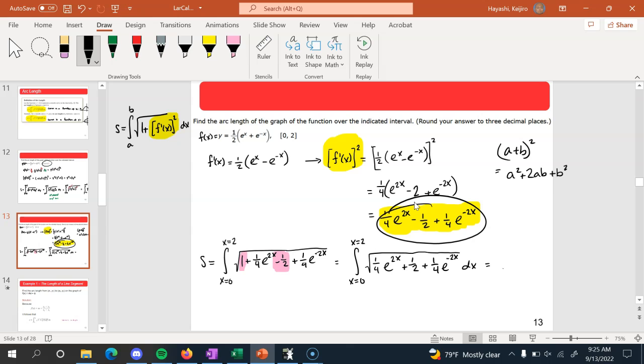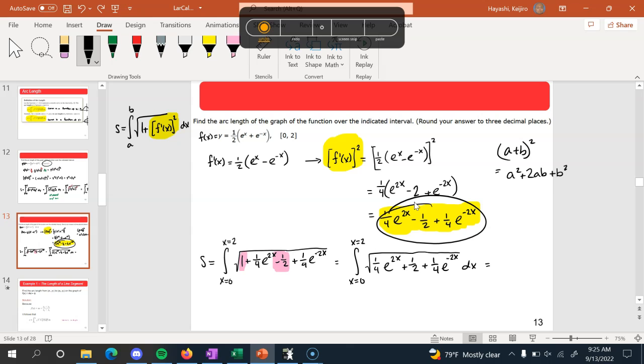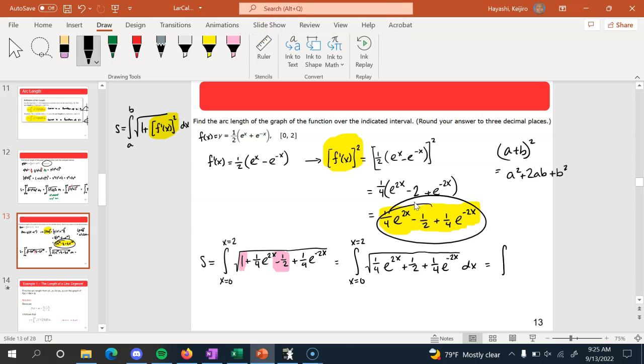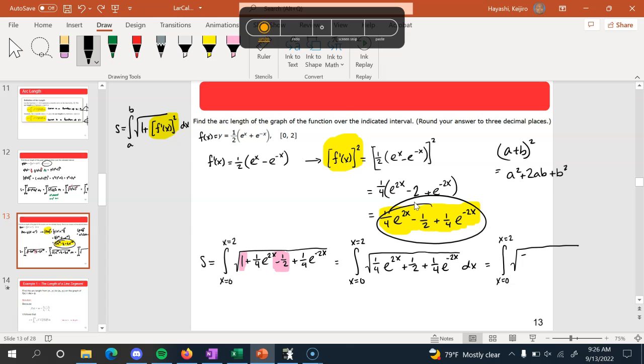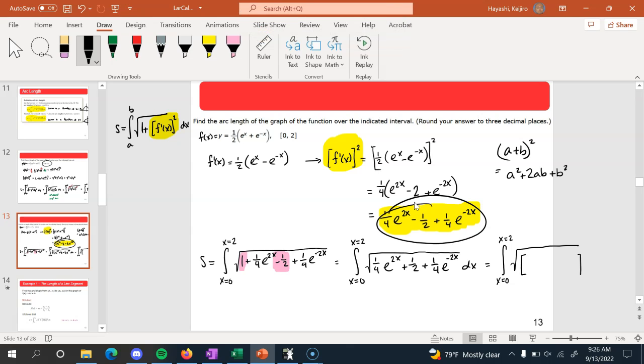That helps you see what's happening better, but you can actually condense this back down into 1/2 times e to the x plus e to the negative x, being squared.